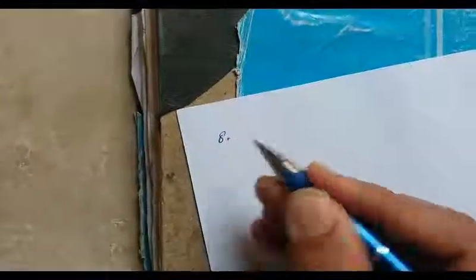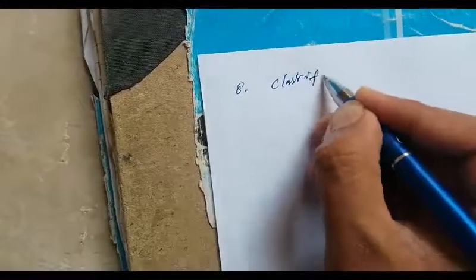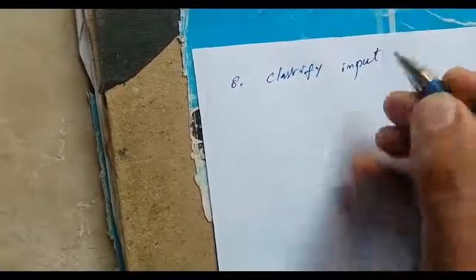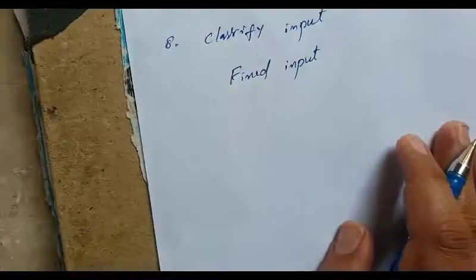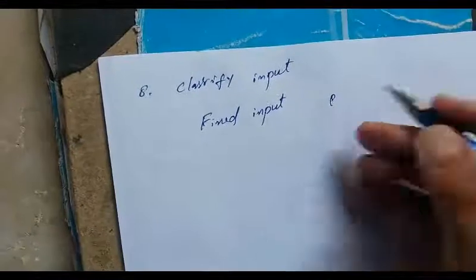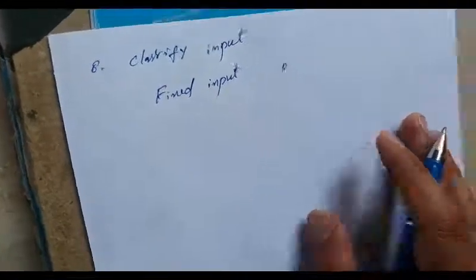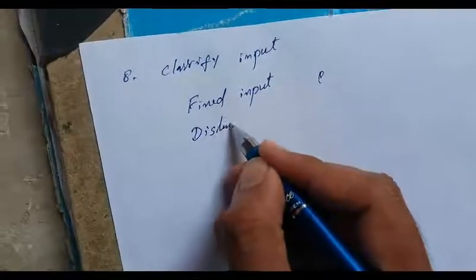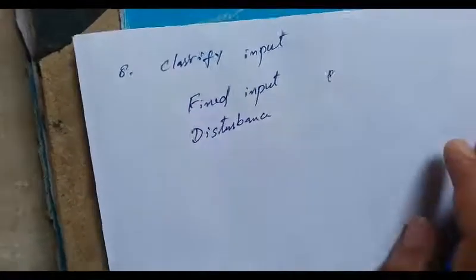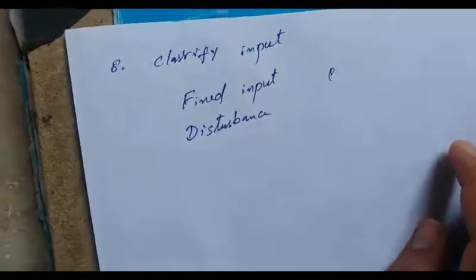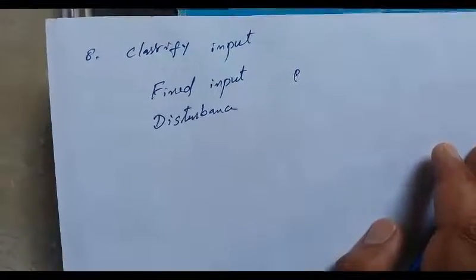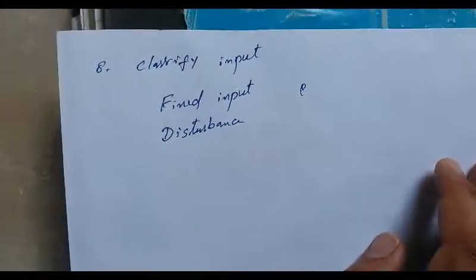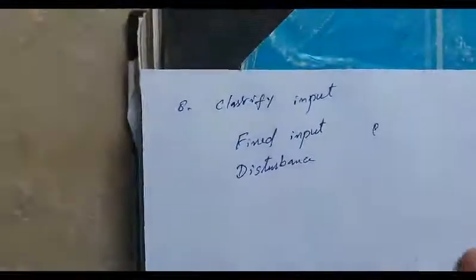Then at this step, we classify input. There may be a fixed input, such as the density or any value; area is fixed. They will not change. Disturbances: we studied in our first lecture of control that a disturbance may be, for example, when the temperature of the night becomes low, then the overall temperature of a system decreases.